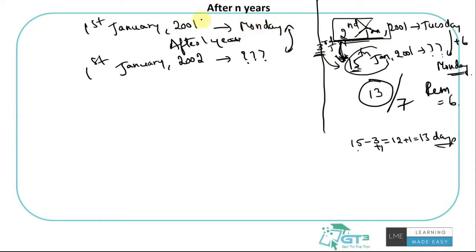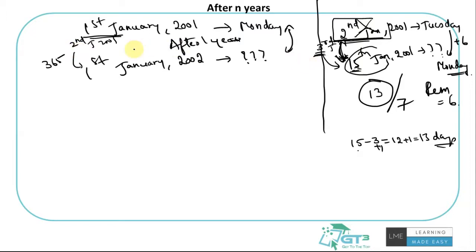Which is what I can also do here. Imagine this: 1st January 2001 to 1st January 2002. I should not include the 1st January, so I'll count from 2nd January 2001 to this part. So there will be 365 days, because in a year I see 365 days, and you have to be careful whether this is a leap year or not. 2001 is not a leap year.